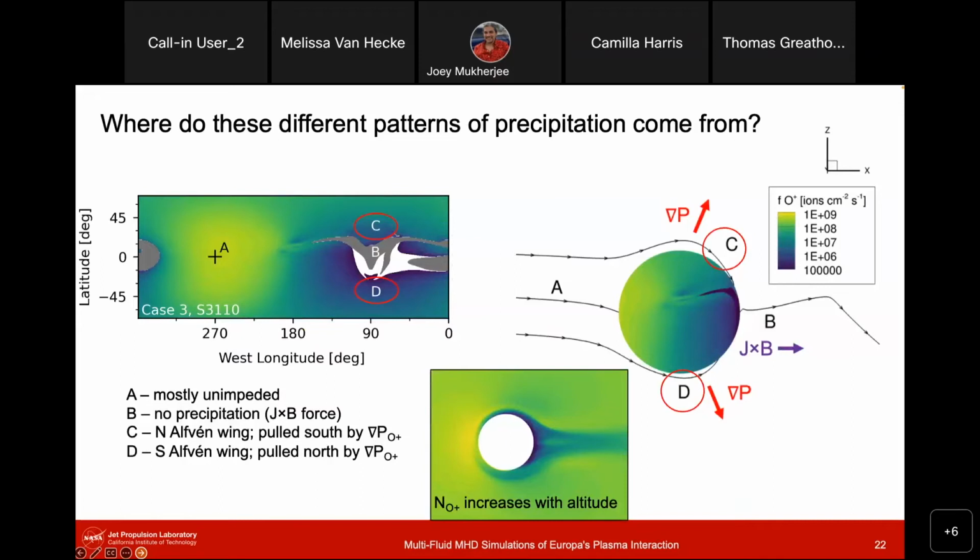It's just that cold, dense ionospheric plasma. The answer is that when you're solving these equations, the model asks, what's the force from pressure that this ambient magnetospheric plasma fluid is feeling? That's primarily caused by the density of that particular fluid. Because they're separate fluids, that's why we get this effect.